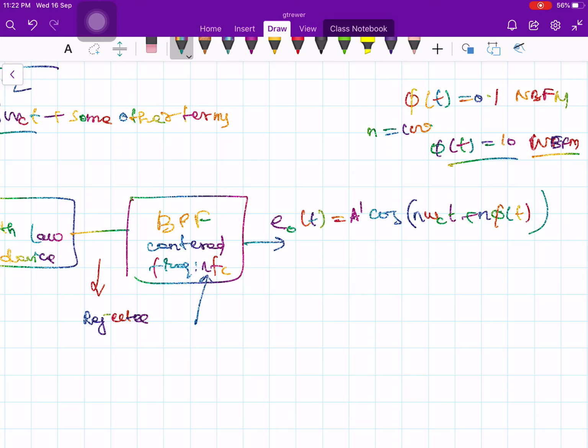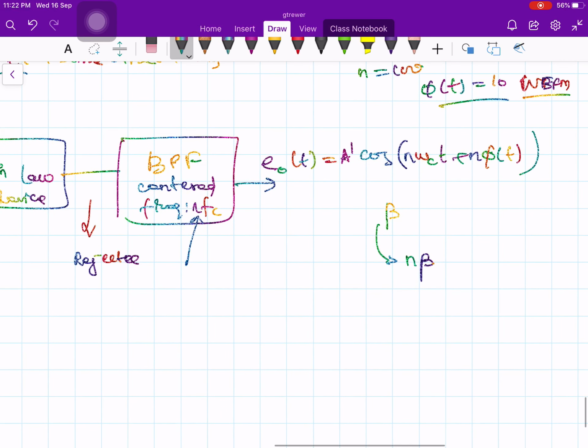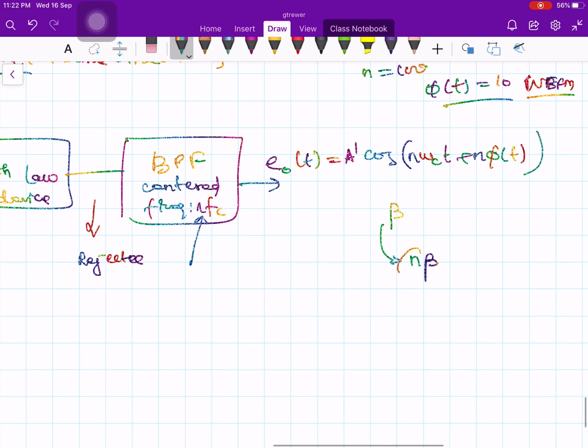Therefore, the frequency multiplier increases your modulation index by a factor of how much? N. Originally it was beta, now it becomes N times beta.